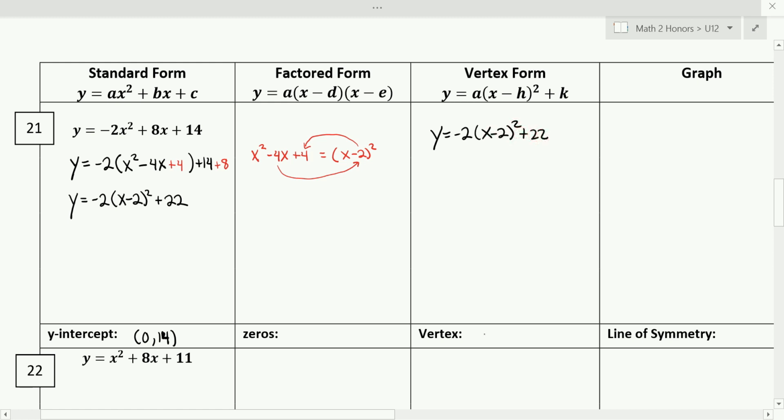Our vertex from that we can get as what? Positive 2, 22. Let's get our zeros. So we're going to take the negative 2 times x minus 2 squared plus 22, set that equal to 0, and solve. What would be the first step to solve on this one?